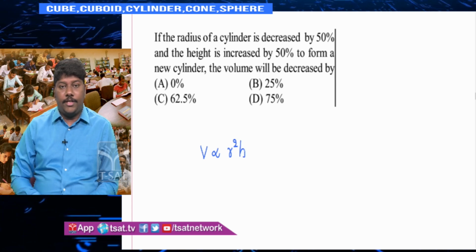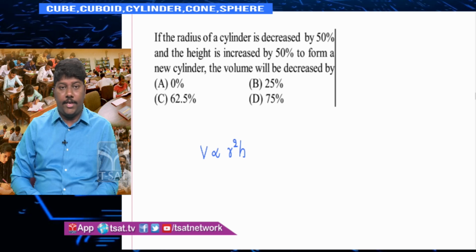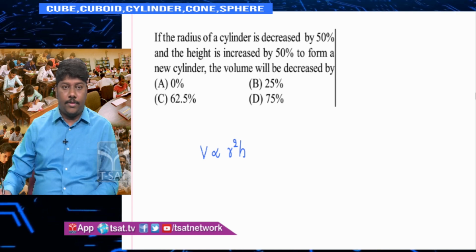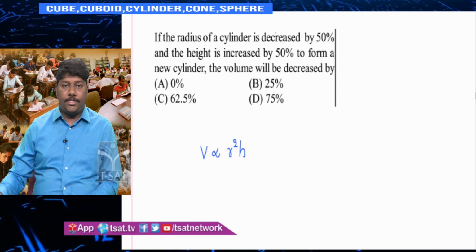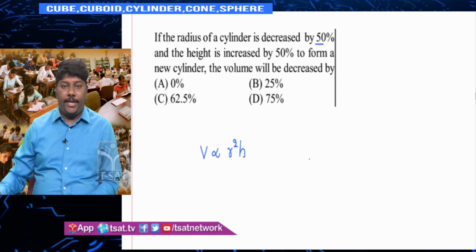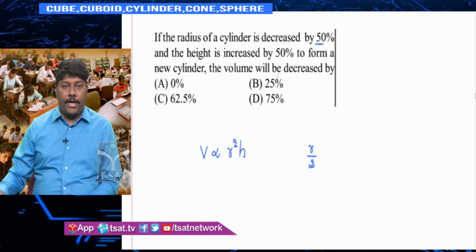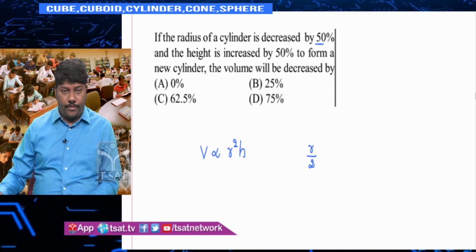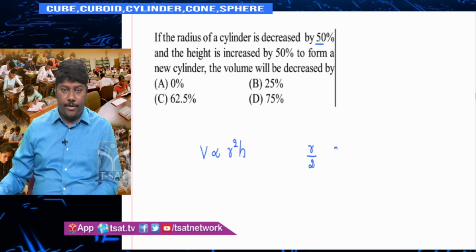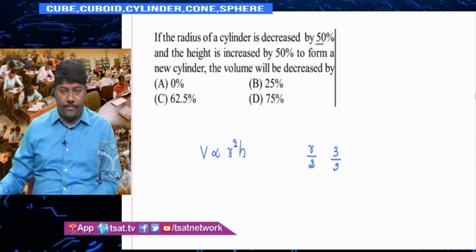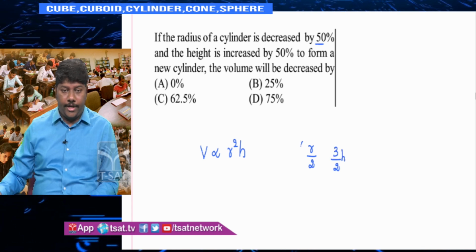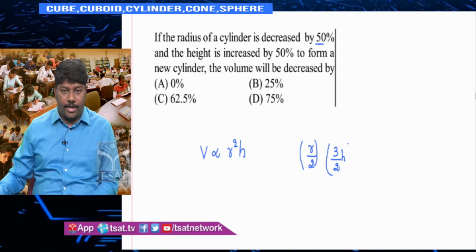If radius is decreased by 50%, it means radius by 2 you are doing. Height is increased by 50% means in place of height you are putting 3 by 2 times of height.